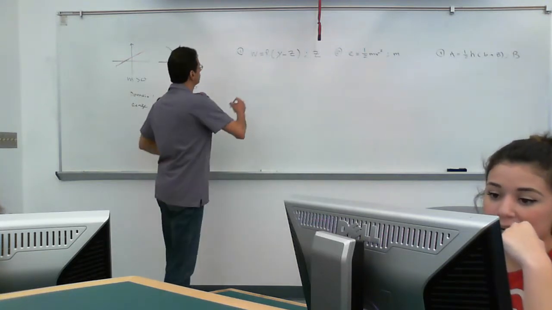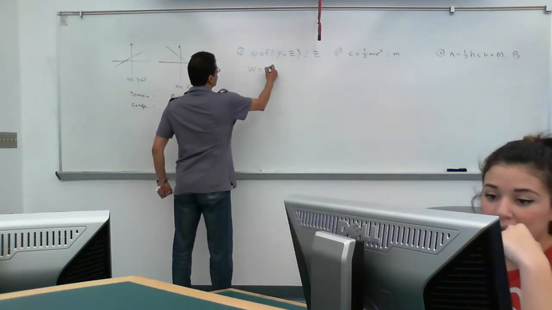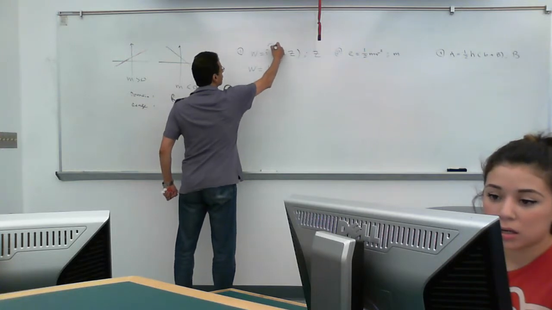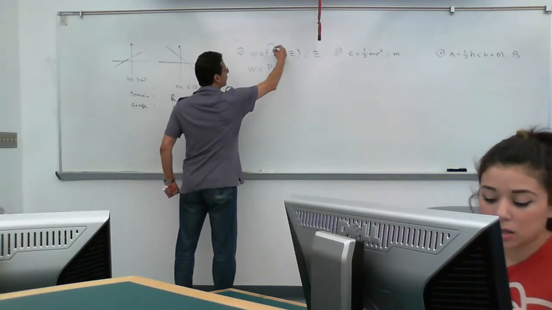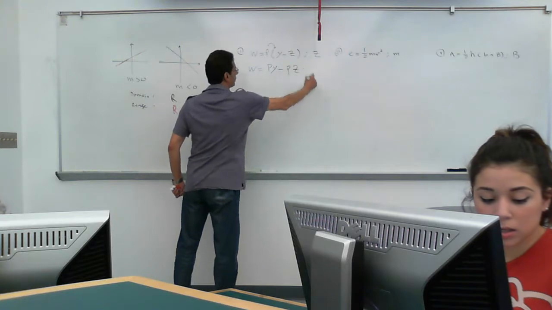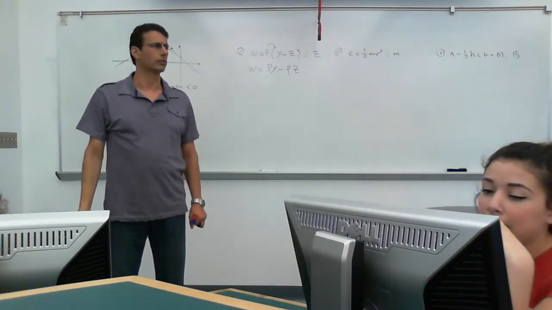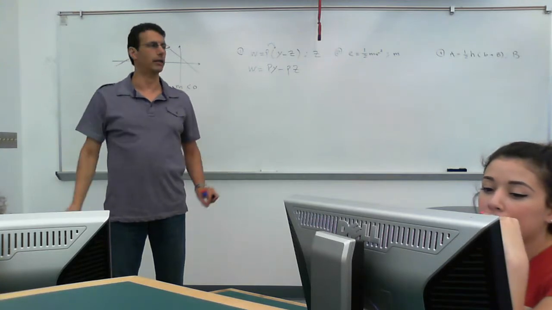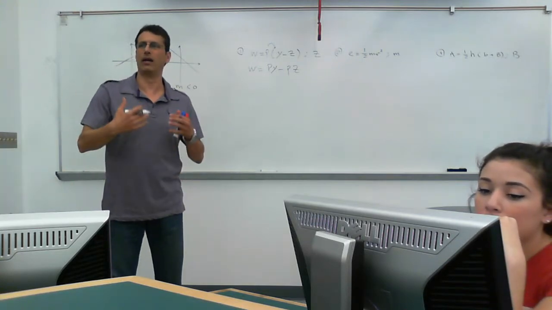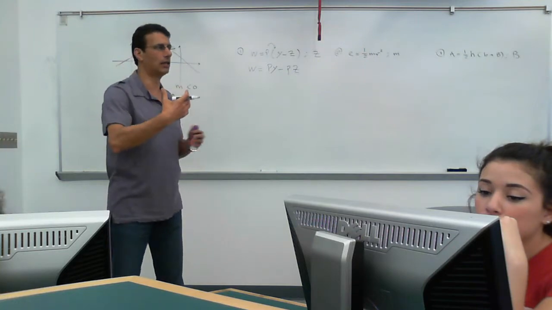Distribute p to y negative, so we get py. So what are we solving for? You have to isolate that. Anything and everything that has z in it on one side.